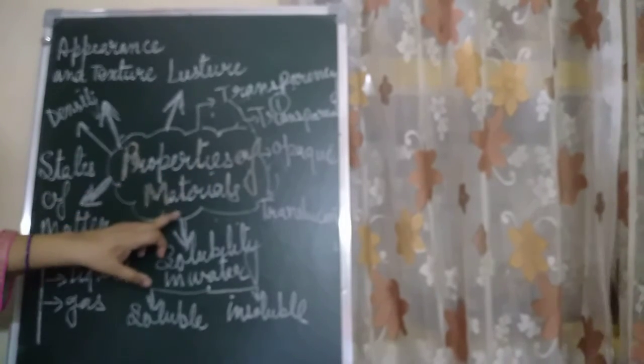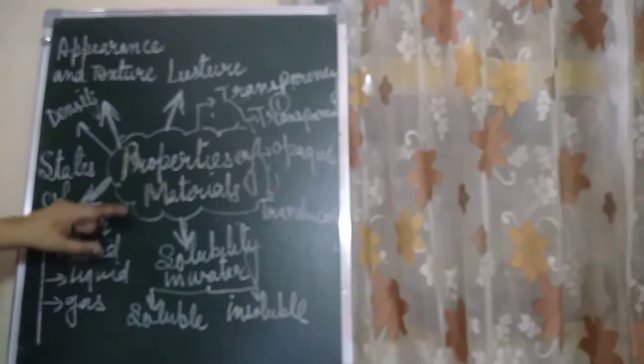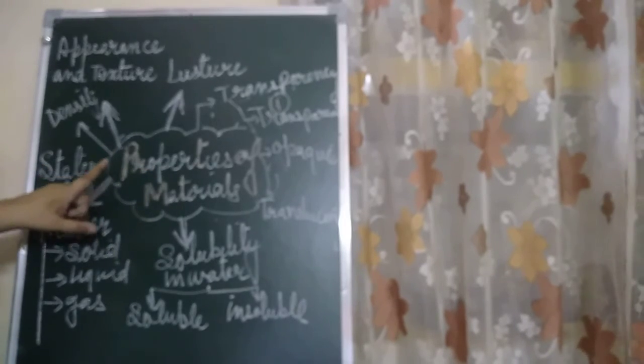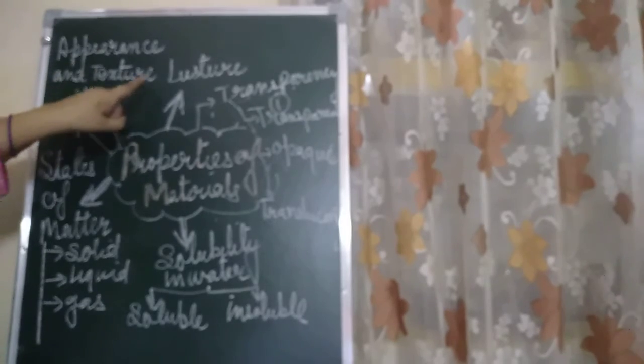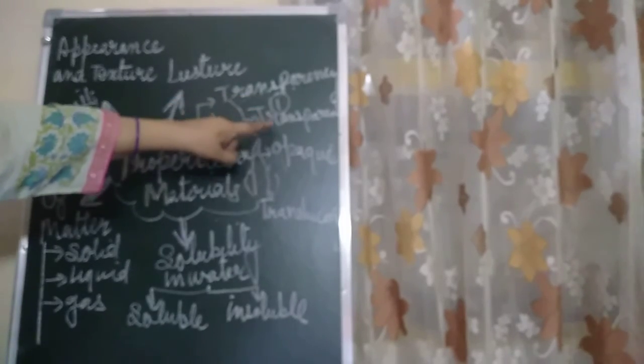Okay, so we have just now discussed some properties of the matter or the materials that can be used to classify the matter. What are they, children? Appearance, texture, lustre, transparency. Transparency can be divided into transparent, opaque, translucent.